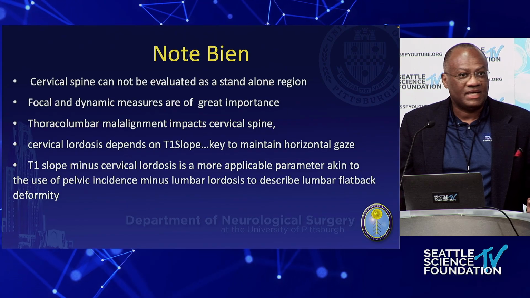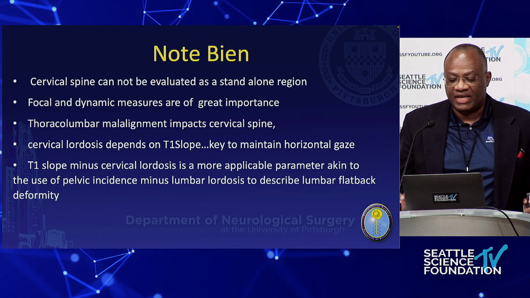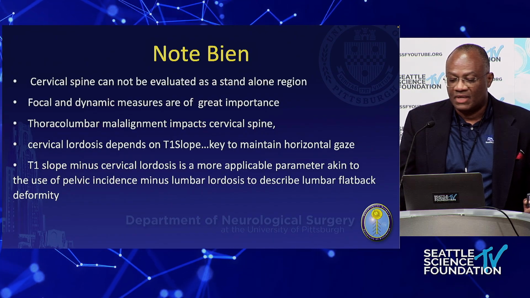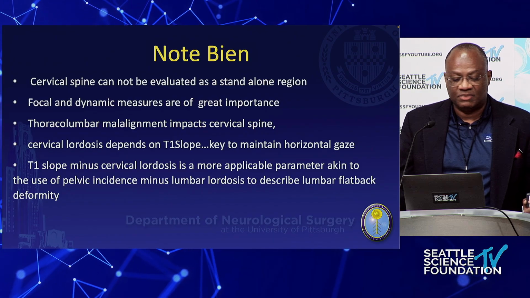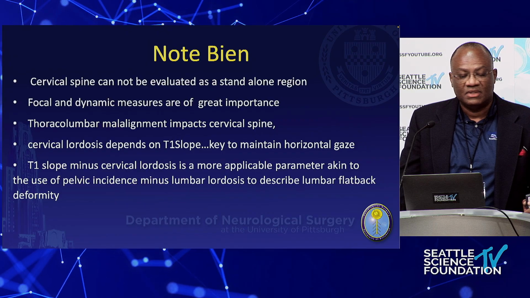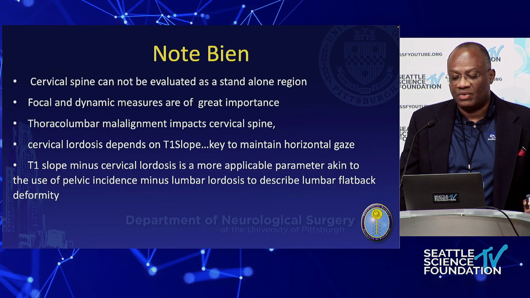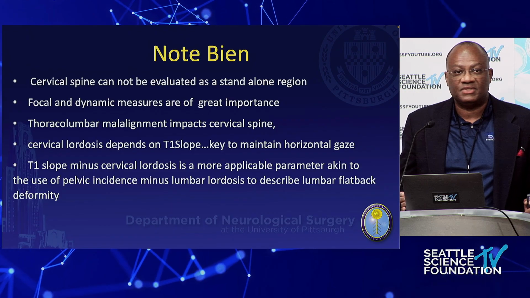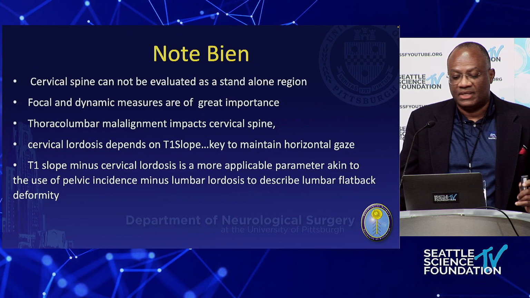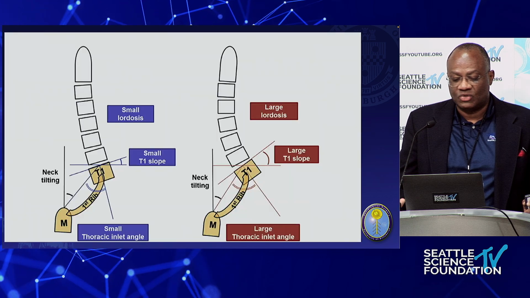One of the measurements that has had a profound effect in how we treat cervical spine disease and also cervical thoracic disease has to be the T1 slope, which is a more applicable parameter in order to figure out how much lordosis you need to maintain your cervical SVA and total SVA.